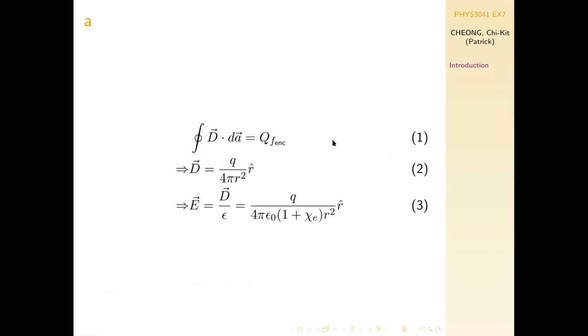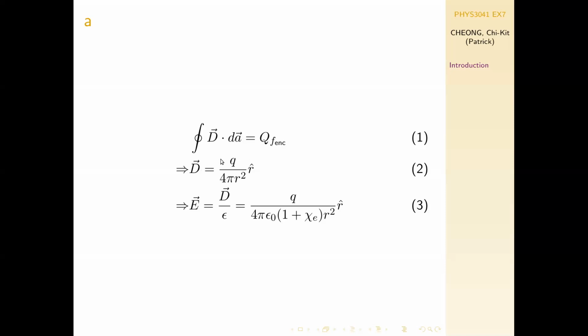To work out the electric field, all you need to do is really similar to what you have done before. Here we apply Gauss's law in the dielectric case. We work out the integral of D dot dA over the whole surface, and this equals the enclosed free charge.